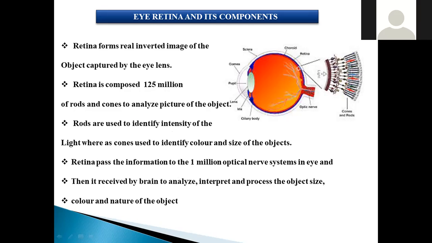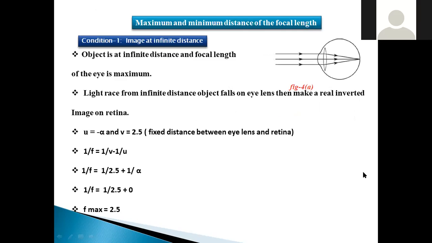Interpreting what kind of information is obtained from the retina is done by the brain. Okay, so this is about the retina and its components and the work of the rods and cones. Now we are going to discuss the maximum and minimum distance of the focal length.